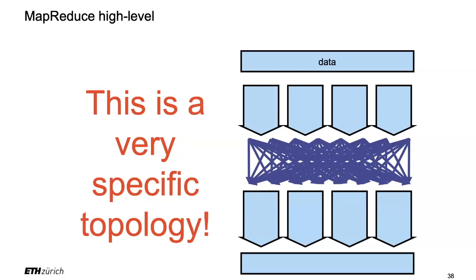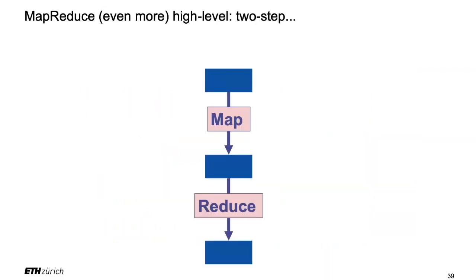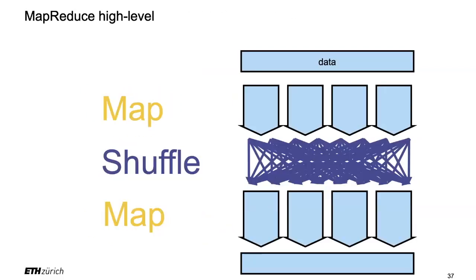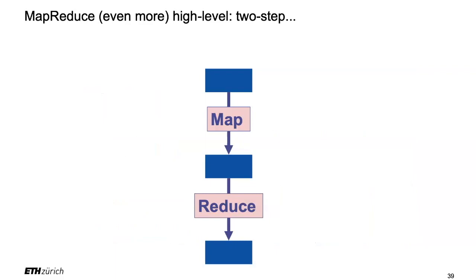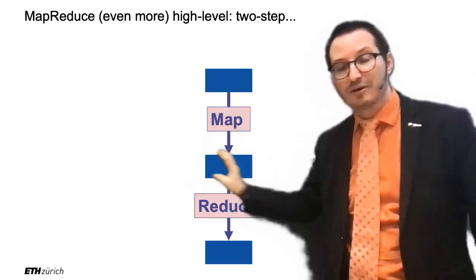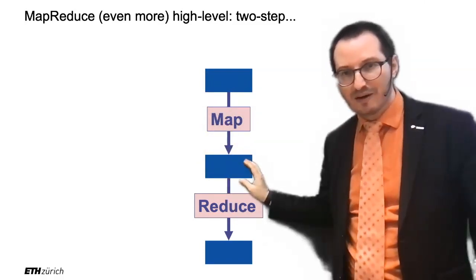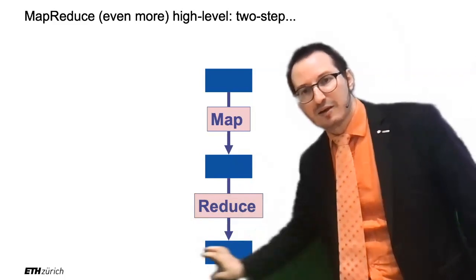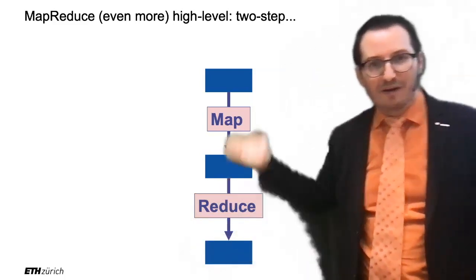MapReduce is also limited to key-value pairs. You might remember that everything must be a key-value pair, so that's also a constraint that we have in MapReduce. Now, if I abstract that a little bit, if this is the entire input, we have a map phase, and then there's the entire intermediate data, then reduce, and then the entire output is there.